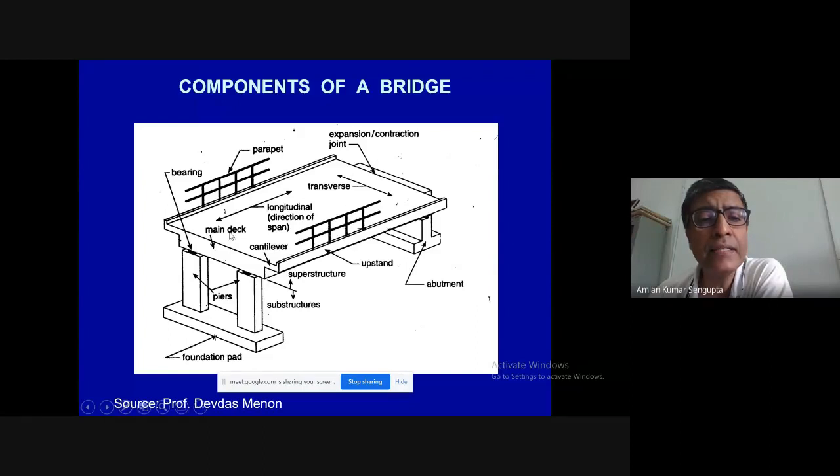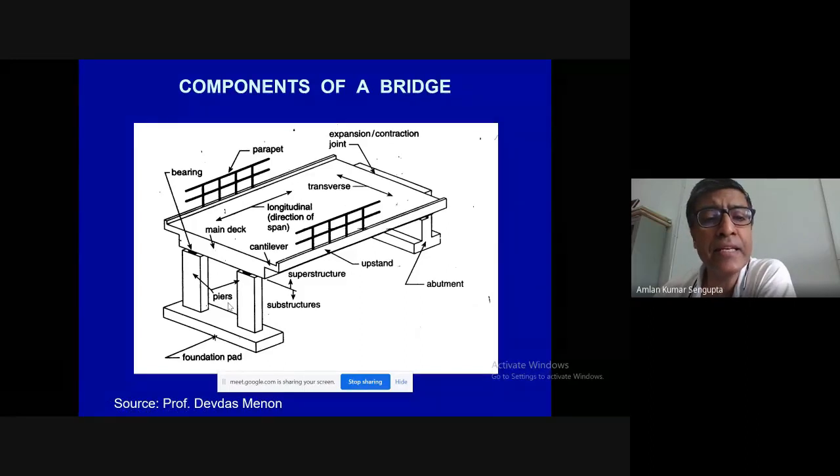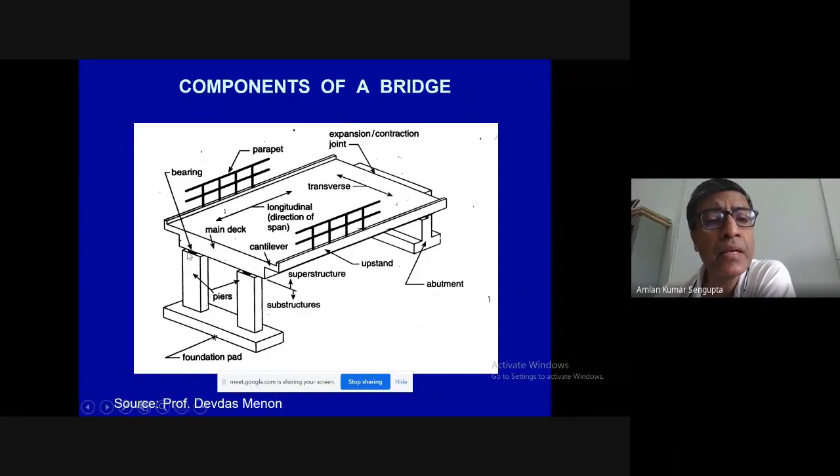Now this deck gets supported on members like columns. However, in bridges, we use the terminology piers, which are like very large size columns. In between the piers and the deck, we have to provide some bearings. The bearings are not made up of concrete.